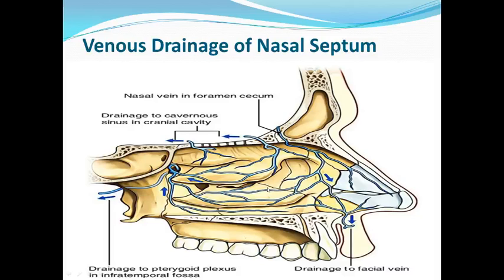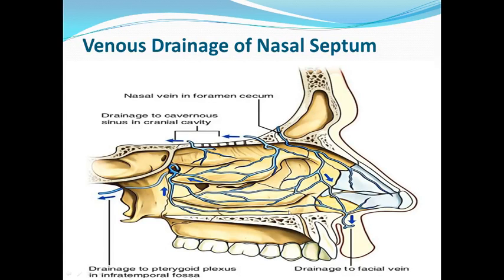Now, talking about the venous drainage of the nasal septum. Venous drainage will be through the plexus, which is very dense in the anteroinferior part, or Little's area.